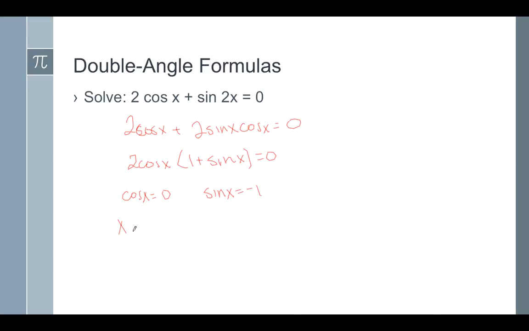And the only times that this occurs are when, for the first one, cosine of x is 0, x has to be pi halves and 3 pi halves. And the sine of x is negative 1 at 3 pi halves as well, and so therefore we only get these two answers. So notice we used that double angle identity right there.